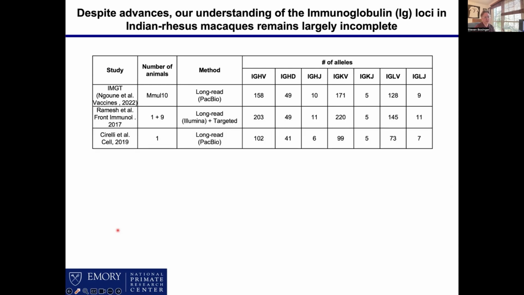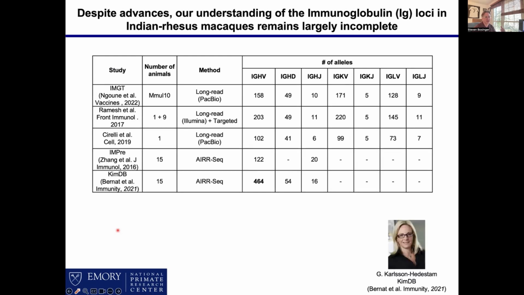Ramesh and Kim Sorelli with Shane Crotty's group have also done work to build an assessment of and at least characterize the alleles that are available in monkeys, and I'm putting some of the statistics here. And lastly, I really want to point out the contribution of Gunilla Carlson-Hedestam and Martin Corcoran, who have also spent a long time characterizing macaque alleles to address these issues and have a very popularly used database called KimDB that a lot of us have used.